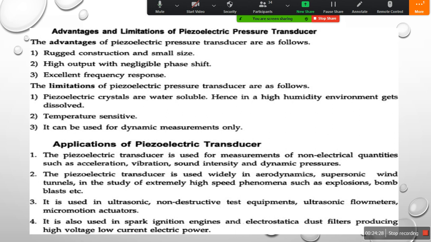So you can take a piezoelectric crystal and construct a piezoelectric transducer, but if you are using these piezoelectric sensors in a water environment, then obviously these crystals will get dissolved, so they cannot be used under water. And similarly it is temperature sensitive, and it can be used for dynamic measurements also.